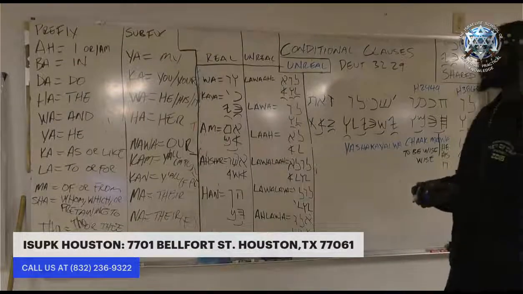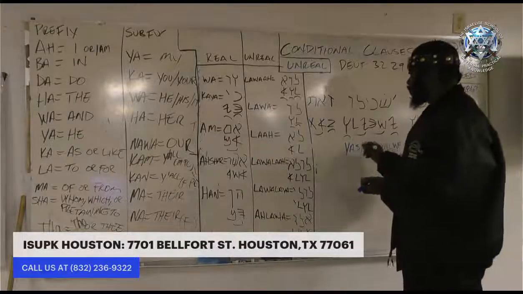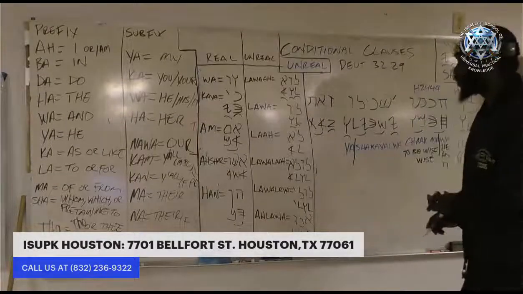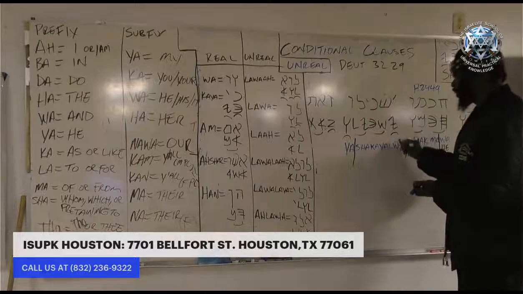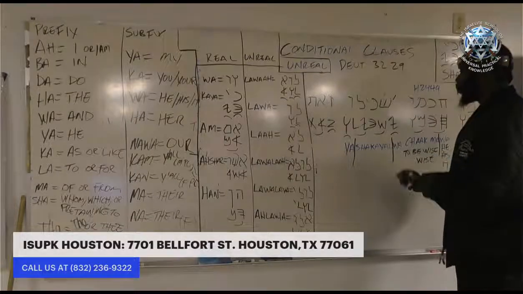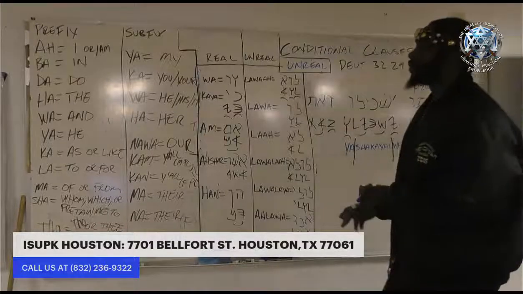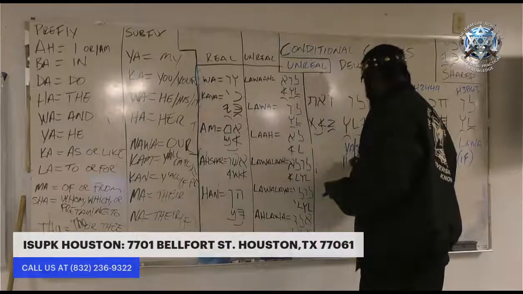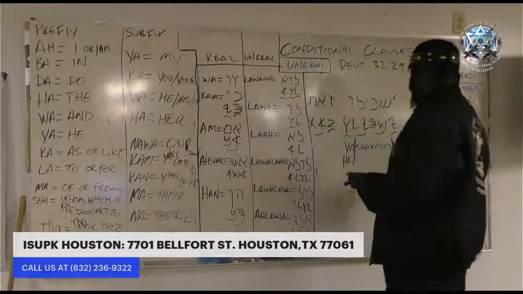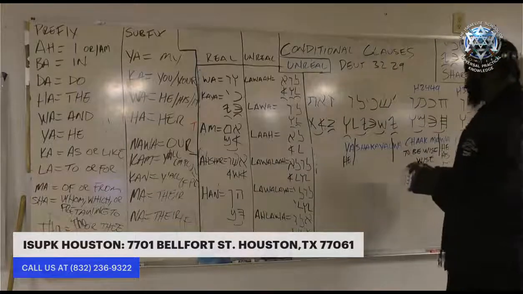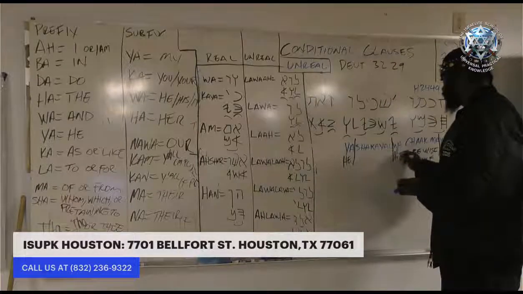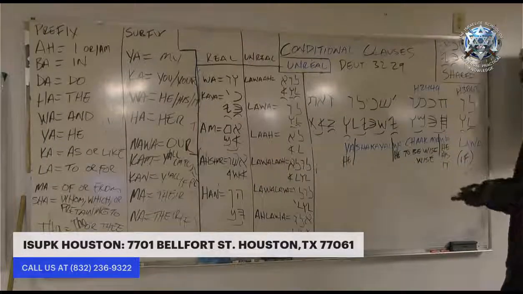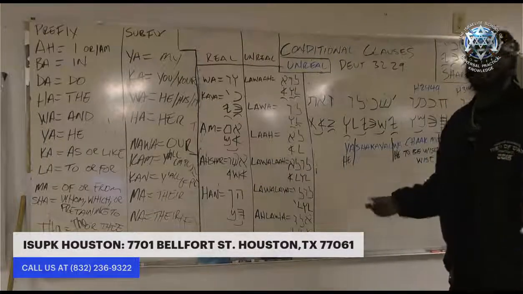The prefix is ya. The suffix is wa. Ya is he. Wa is also he. Well, off the top that doesn't make any sense.